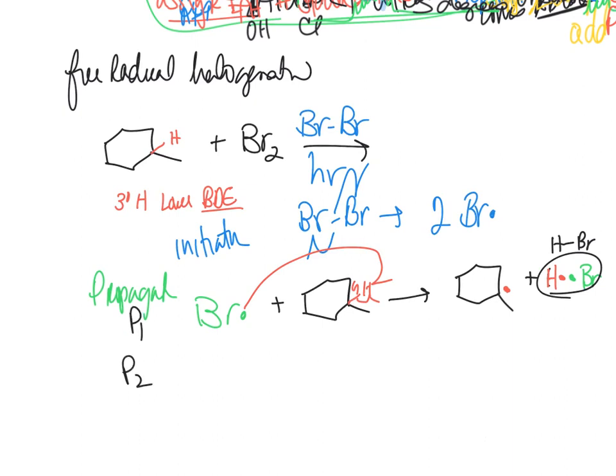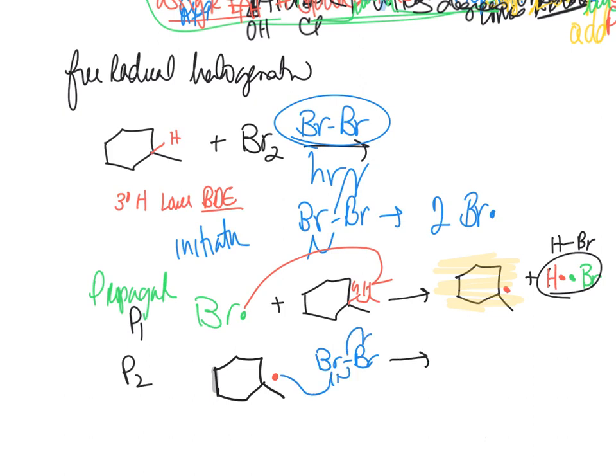Propagation step 2, your newly formed radical then comes down here and just copy that radical, and then it's going to react with another Br, and it's going to do the fishhook, and that is how you put a bromine on the molecule, and then you generate a new bromine radical.